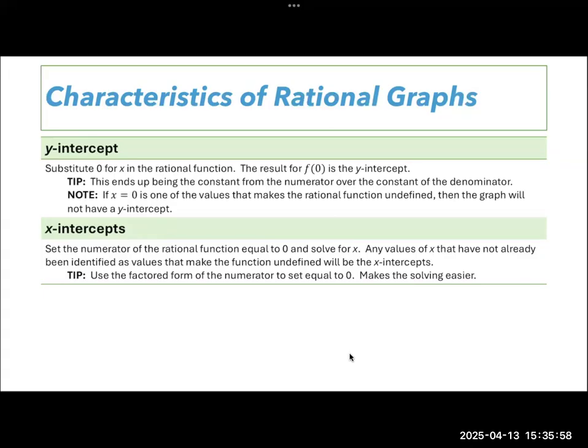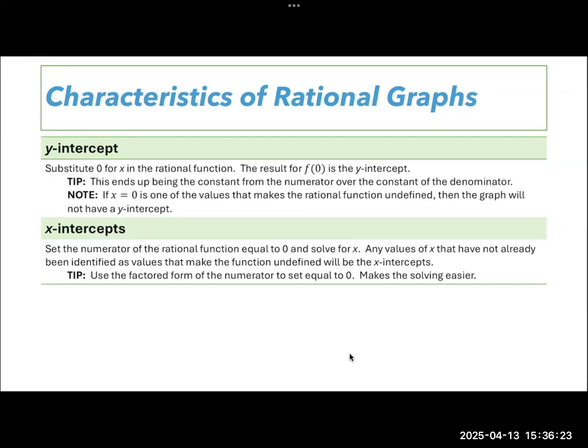Do take note that if x equal to 0 is one of the values that made the rational function undefined, then the graph will not have a y-intercept. So if you happen to have a hole at x equals 0 or a vertical asymptote at x equals 0, then you will not have a y-intercept in that graph.